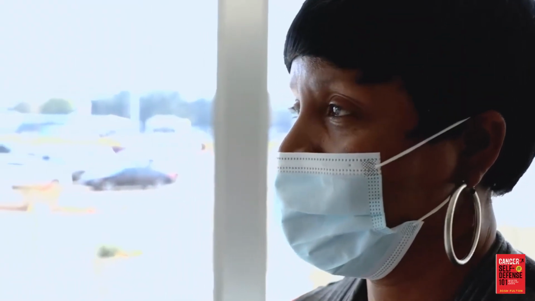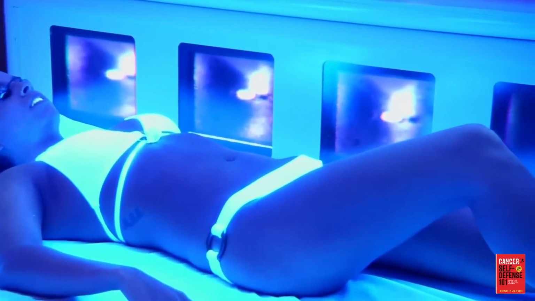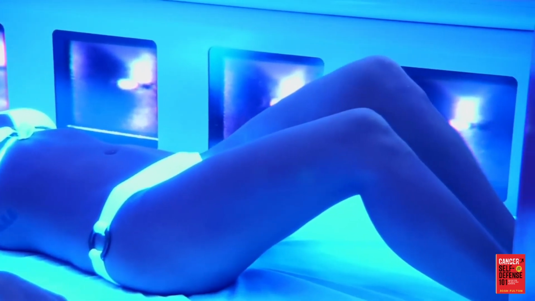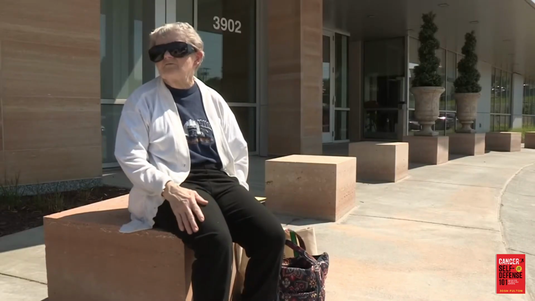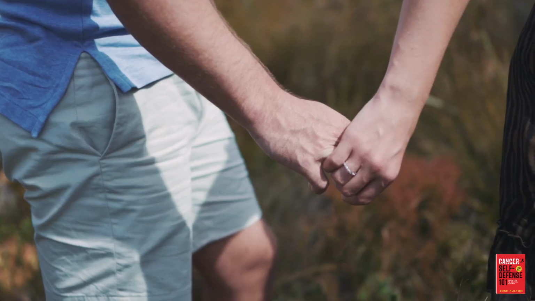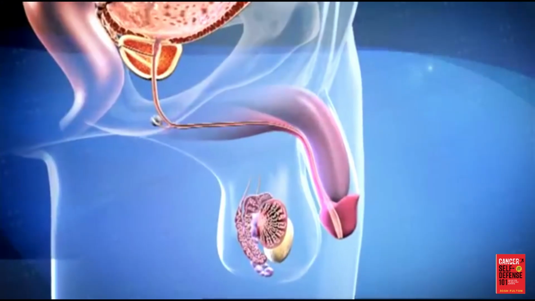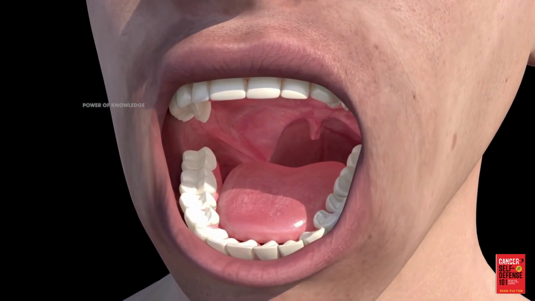SCC is strongly associated with ultraviolet (UV) radiation exposure from the sun or artificial sources like tanning beds. It often develops on sun-exposed areas of the body, such as the face, ears, neck, scalp, chest, backs of hands, and lips. SCC can also occur in other areas of the body, including the genitals and inside the mouth.